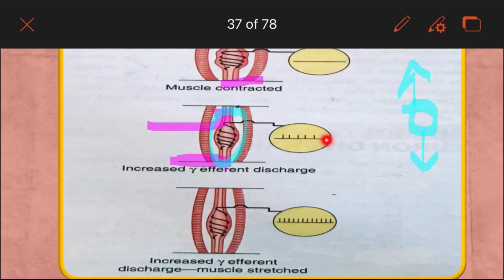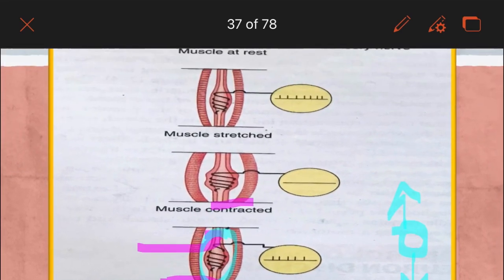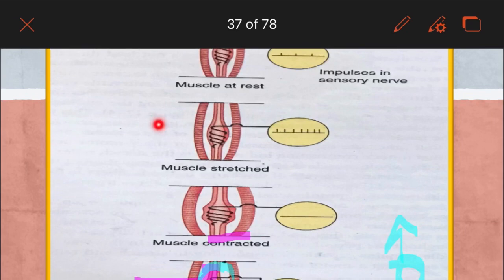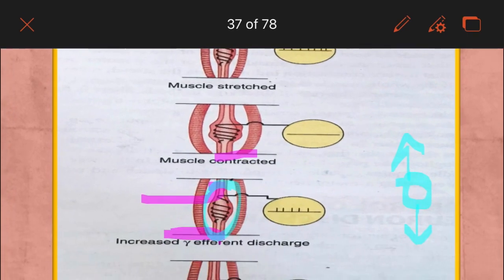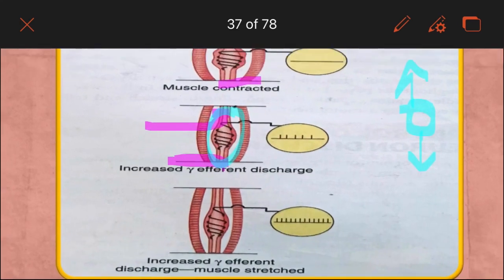Okay. And if we look at just the muscle stretch, this is only muscle stretch, we are getting like 7 waves, and with increased gamma efferent activity alone we are getting these 5. If collectively the muscle is stretched as well as the gamma efferent is increased, there are so many more activities. Okay, so many more activities.